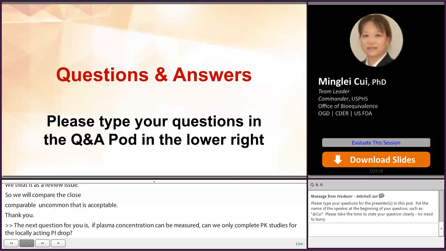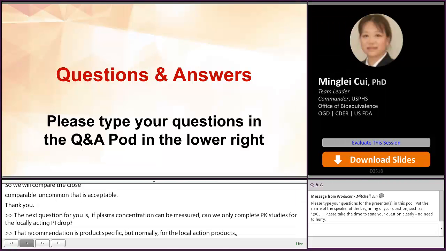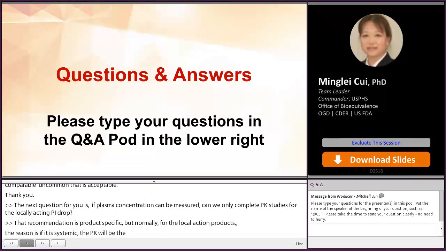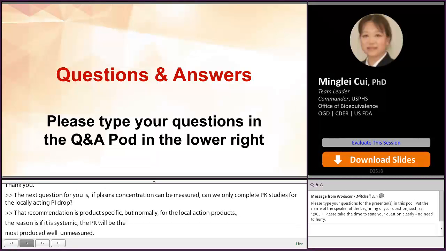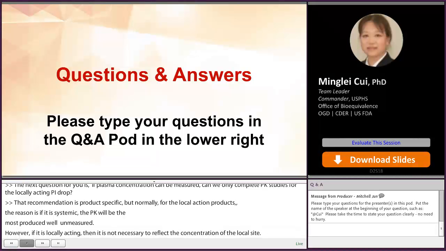The reason is if it's a systemic acting drug, PK will be the most sensitive, reproducible measure. However, if it's locally acting, then PK concentration does not necessarily reflect the concentration at the local site. So in order to ensure equivalent delivery to the action site, the agency often recommends another method in combination with the PK to support bioequivalence, in many cases an in vitro bioequivalence study.